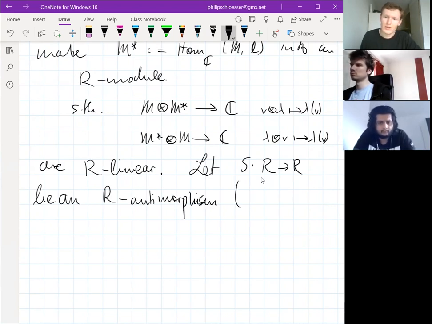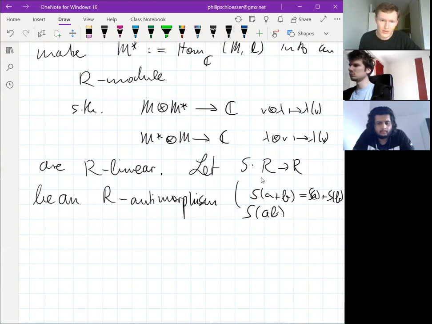What does that mean? It means that this thing sends sums to sums, and it sends products to products, but on doing this, it reverses the order.